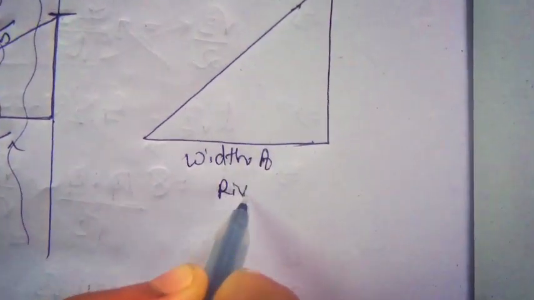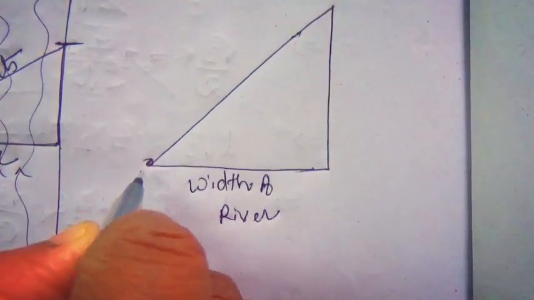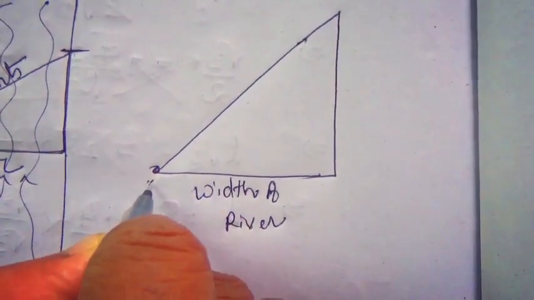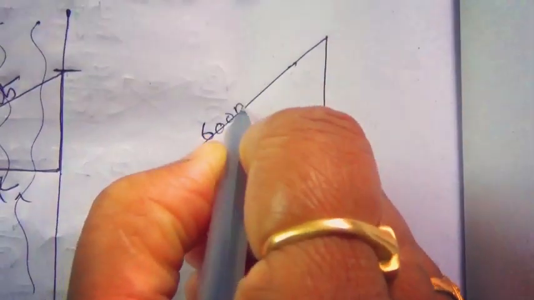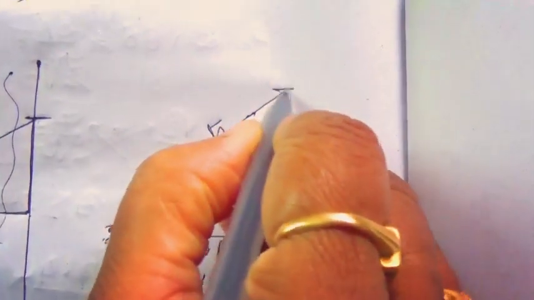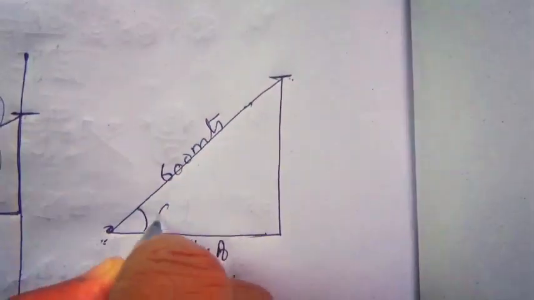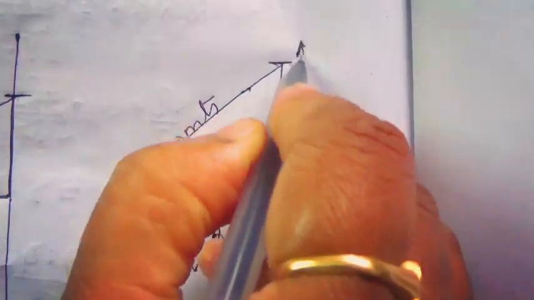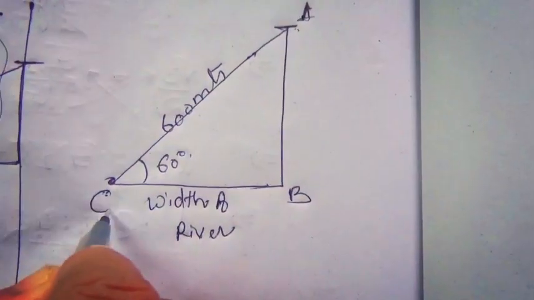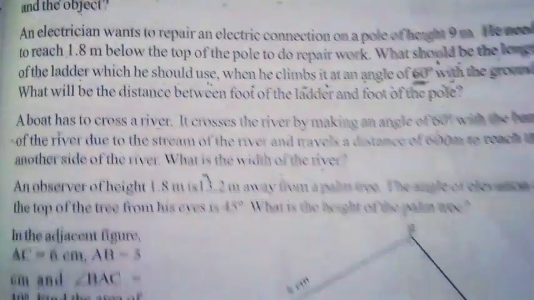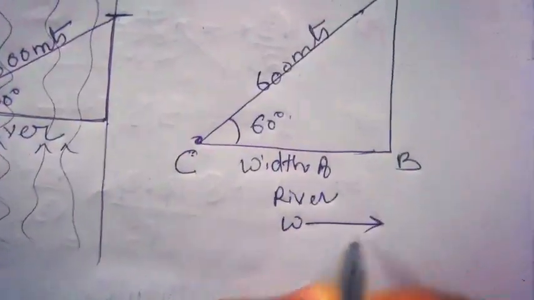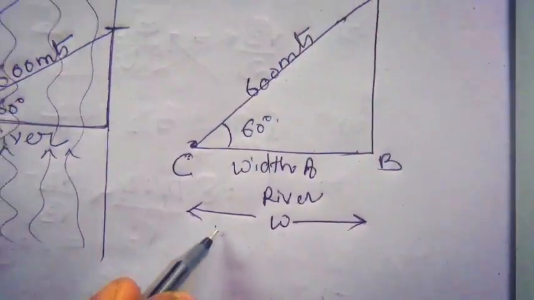So here is the point where the boat starts, and it travels 600 meters to reach the other bank of this river, and it makes an angle of 60 degrees. So A, B, C. Okay, so what we have to find out is the width of the river. This width we have to find out.